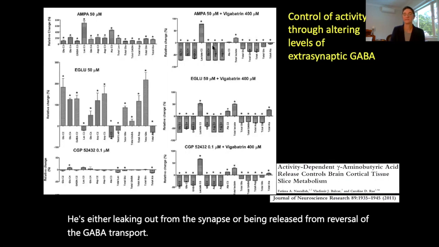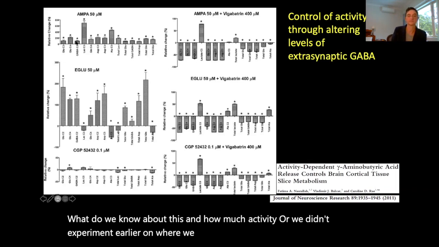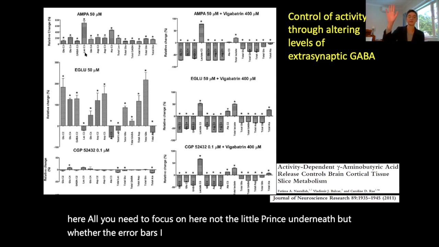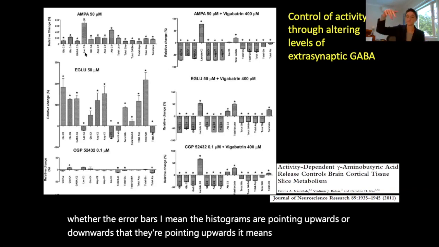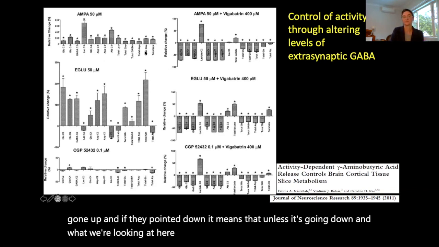Well, what do we know about this and how much activity? We did an experiment earlier on where we activated brain slices, and what you can see here, all you need to focus on, not the little prints underneath, but whether the histograms are pointing upwards or downwards. If they're pointing upwards, it means that metabolites have gone up, and if they're pointing down, it means the metabolites have gone down. And what we're looking at here is flux of carbon-13 plus total pool sizes of compounds.